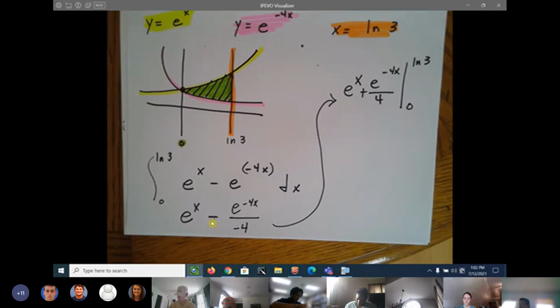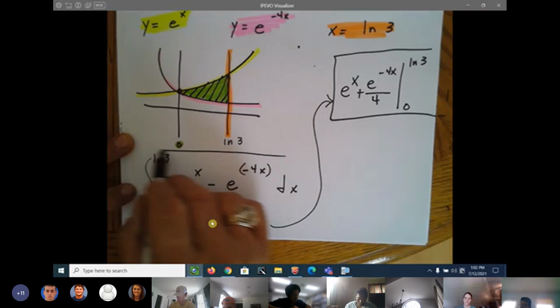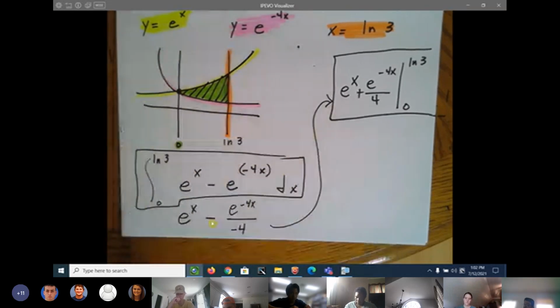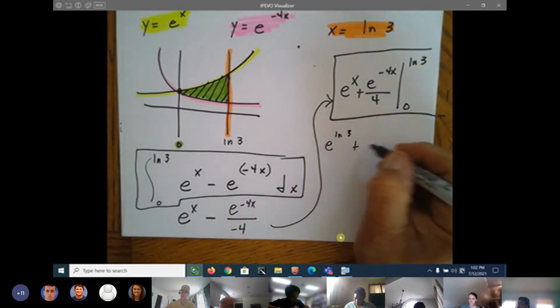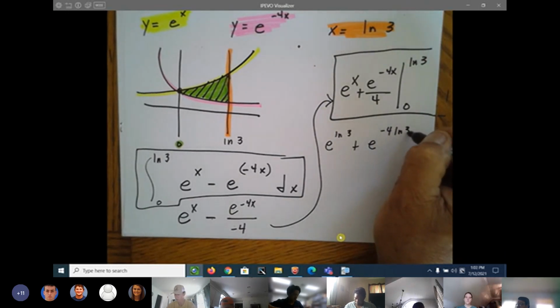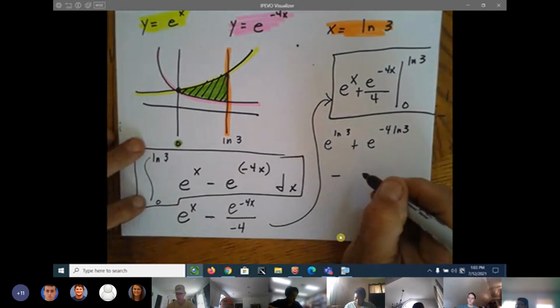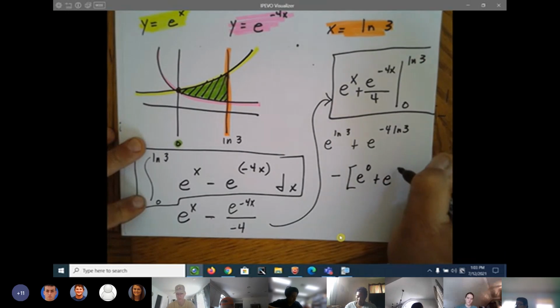There's the setup. And here's the setup. Well, I want to show you a trick I learned in the war. e to the natural log of 3 plus e to the negative 4 natural log of 3 minus e to the 0 plus e to the negative 4 times 0 over 4.